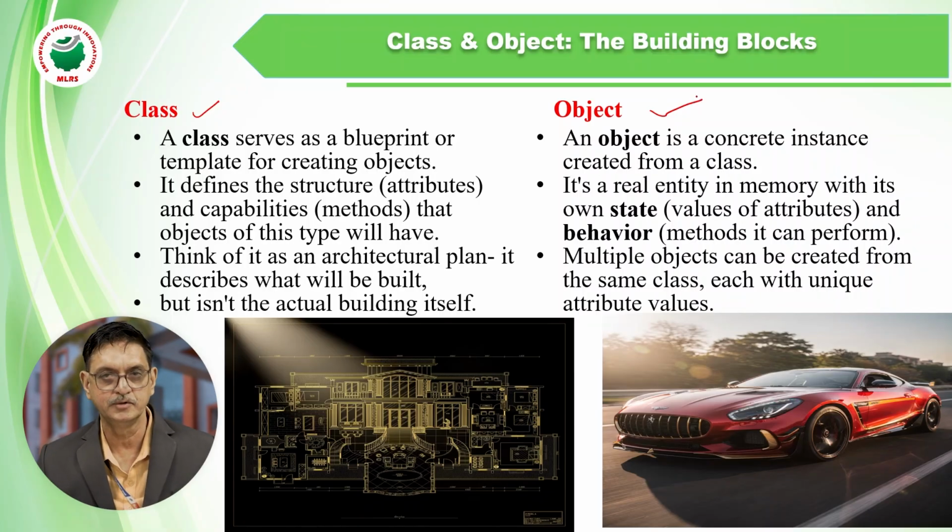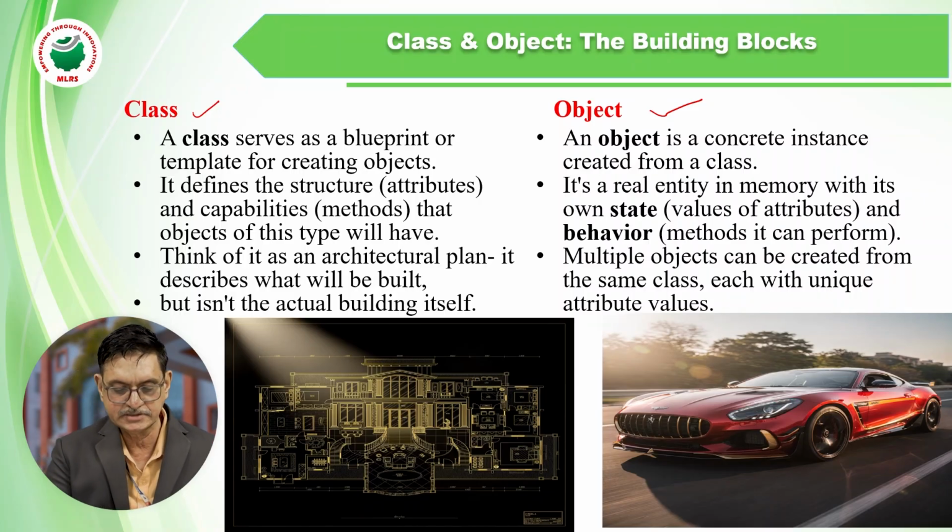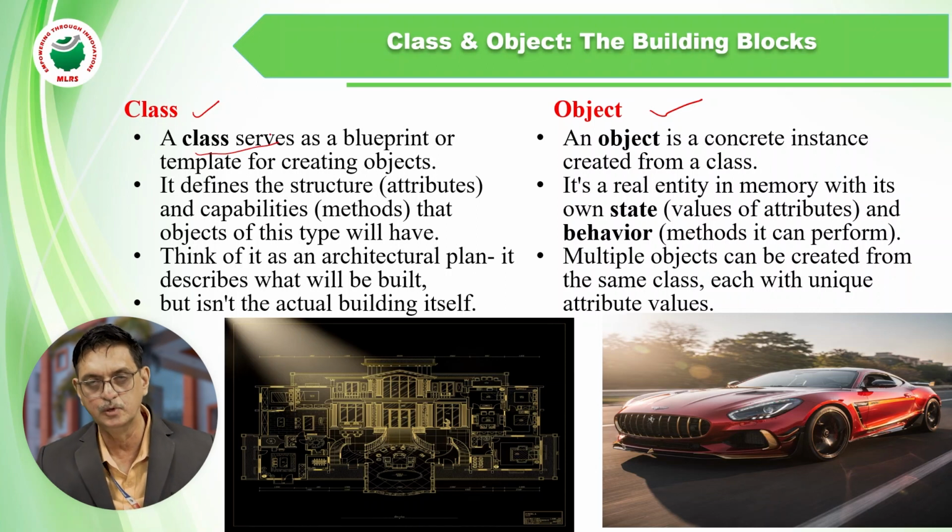Now we'll see what the meaning of class is and what the meaning of object is, with reference to the real world entity. So we identified a class as an entity. The class serves as a blueprint. Clear? Whenever we identify any real world entity, we identify the properties of that entity, the methods, and how that entity will behave.